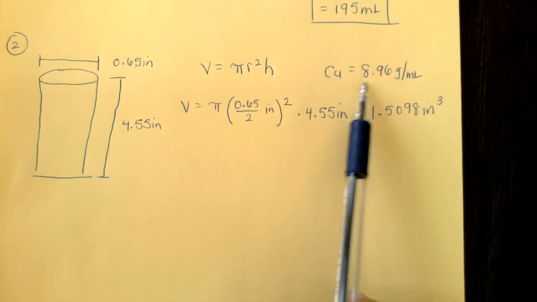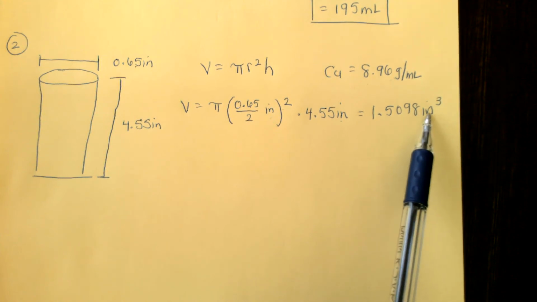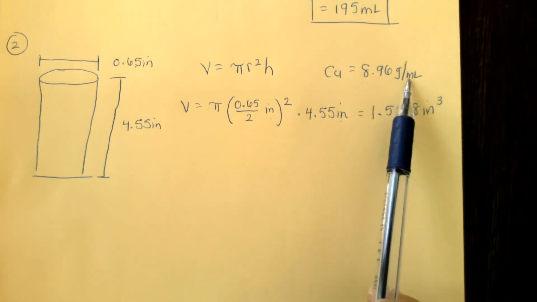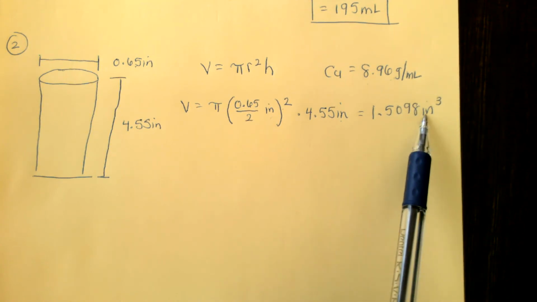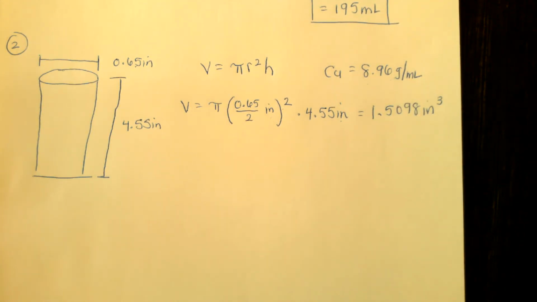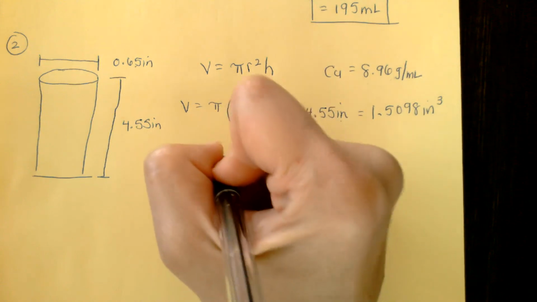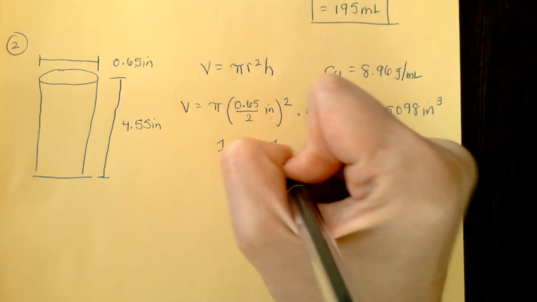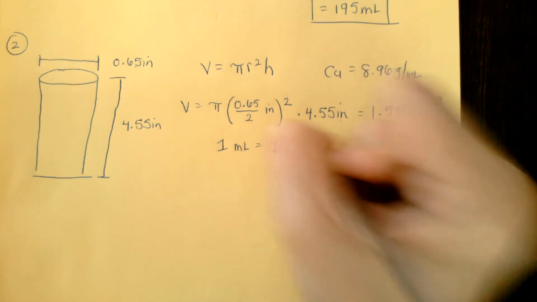In order to find the mass with our given volume here, we're going to need to make this unit match the volume unit here. So we're going to need to convert inches cubed into milliliters. Okay, so the way we're going to do that is using the fact that 1 milliliter is equal to 1 centimeter cubed.